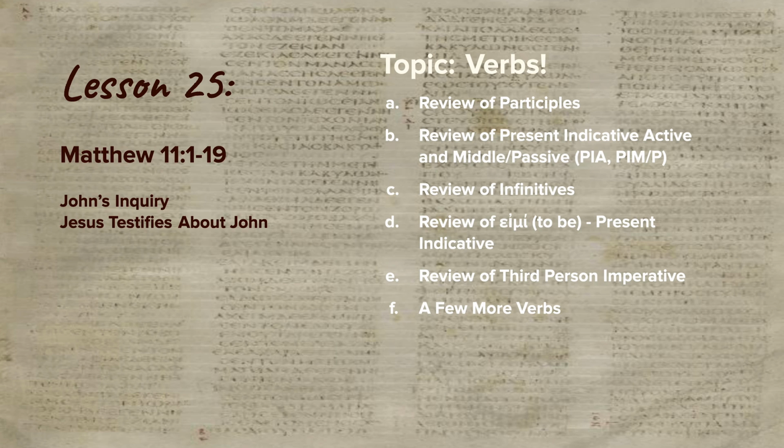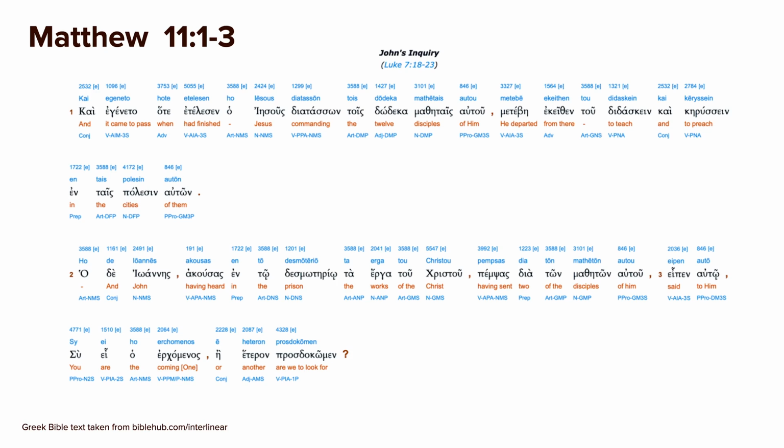We'll also talk about εἰμί in the future indicative as well as the aorist indicative. And then we'll review the third person imperative and the other imperative forms. And in the last 2 or 3 verses of Matthew 11, 1 through 19, we'll look at a few more verbs. All right, let's get started.